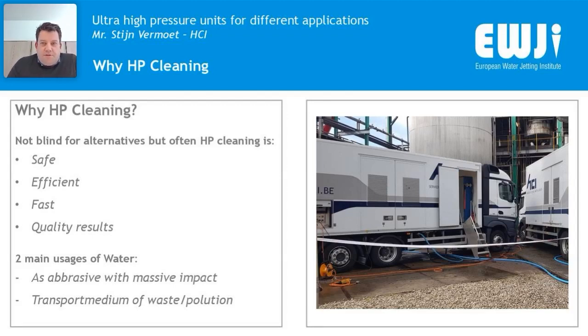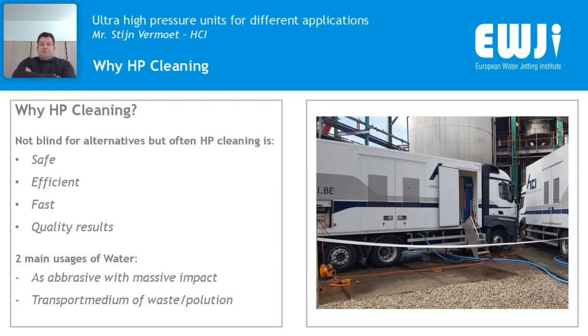They asked us to present something about use cases of what we do with high pressure cleaning. I think a lot of you will know what we do with it, but we will go with it. Why do we choose high pressure cleaning? Well, we are not blind to alternatives, but still it's very safe with the right cleaning devices or automates.